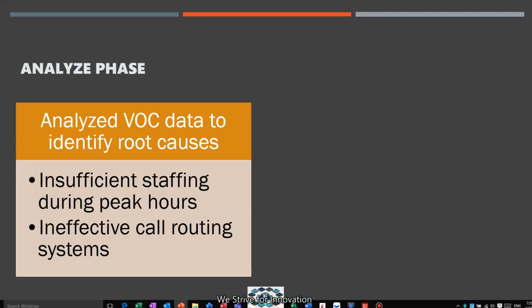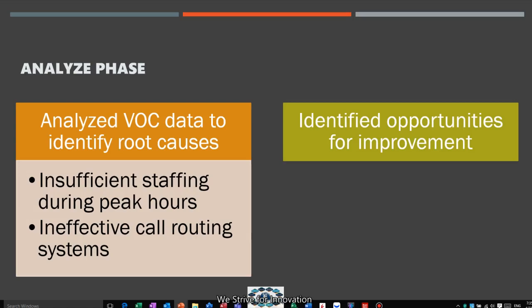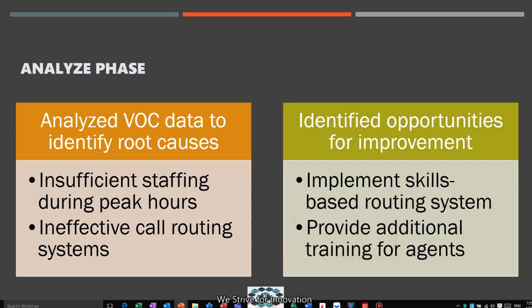Here comes the important part. You will implement a skill-based routing system. Like in the peak routing system, you will have the people with all the qualifications available there rather than rookies who just started. Then you will provide additional training for agents who are rookies in order to improve their skills.